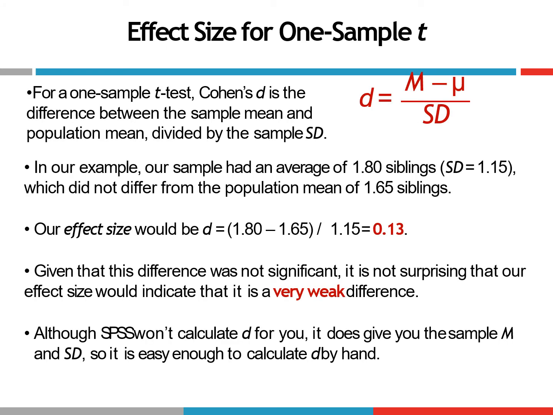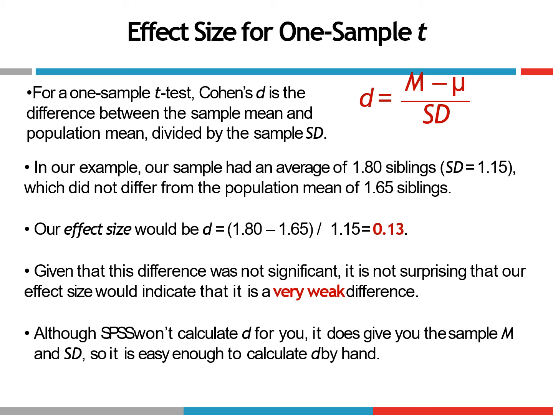For a one-sample t-test, Cohen's d is the difference between the sample mean and the population mean divided by the sample standard deviation. One of the examples we worked through was the study looking at whether a sample of introductory psychology students had more siblings than a national survey of how many siblings most people have.